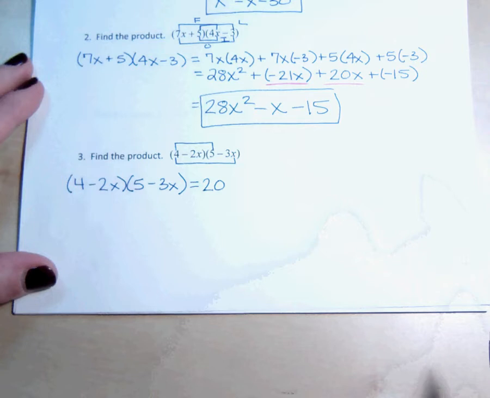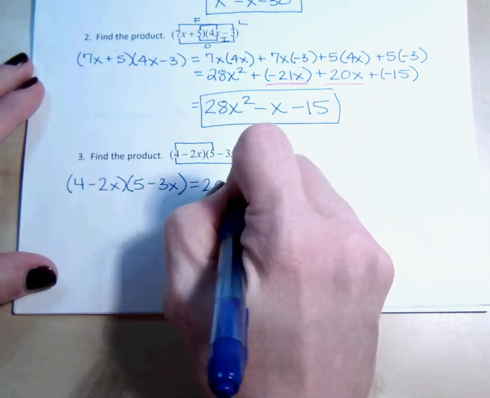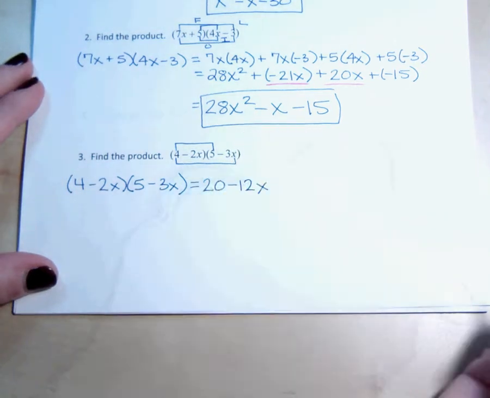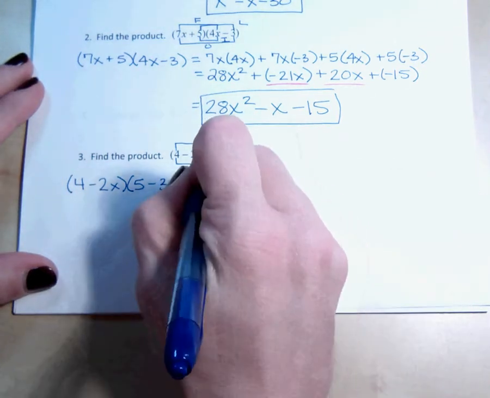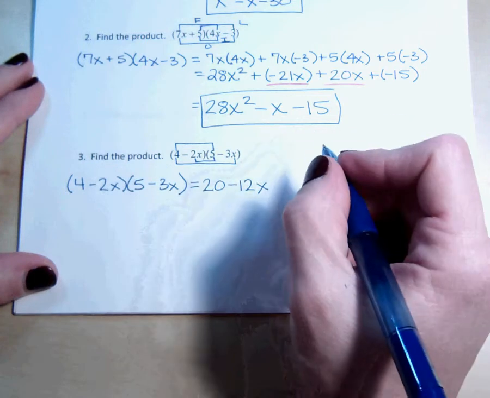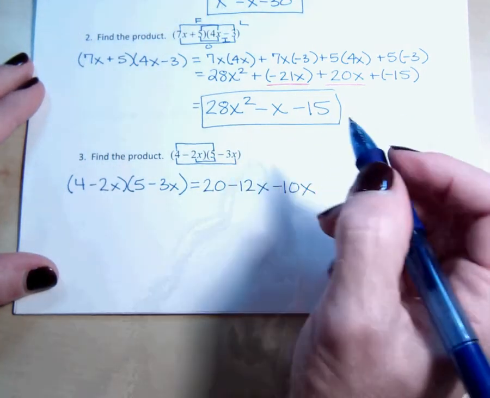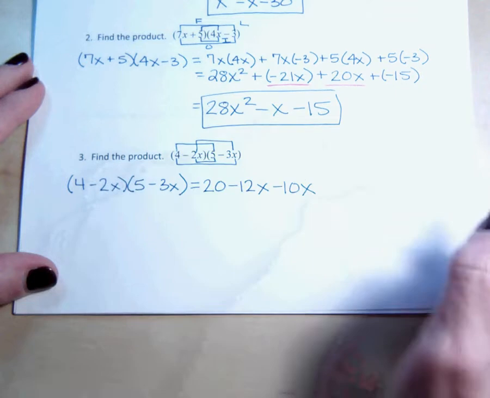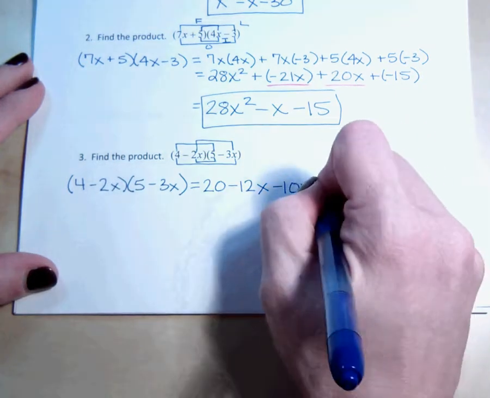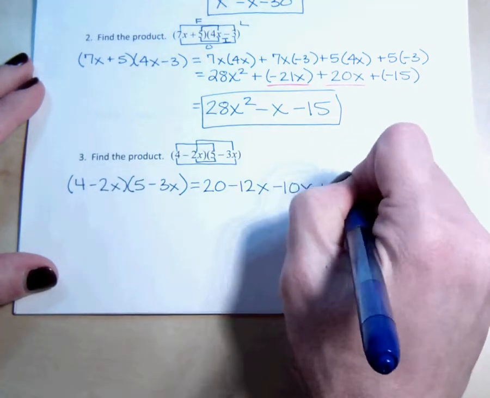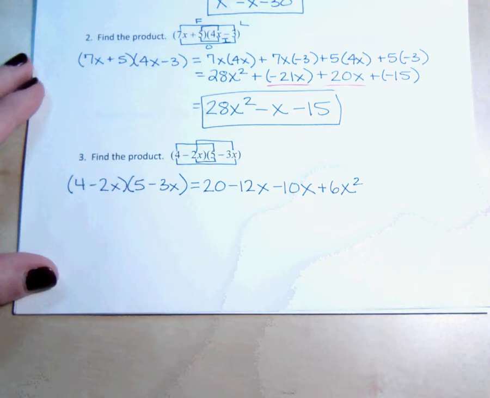For my outside, I'm going to do 4 times negative 3x, that's minus 12x. For my inside, I'm going to do a negative 2x times 5, that's going to be minus 10x. And for my last two, I'm going to get a negative 2 times a negative 3, that's plus, and then x times x gives me plus 6x squared.